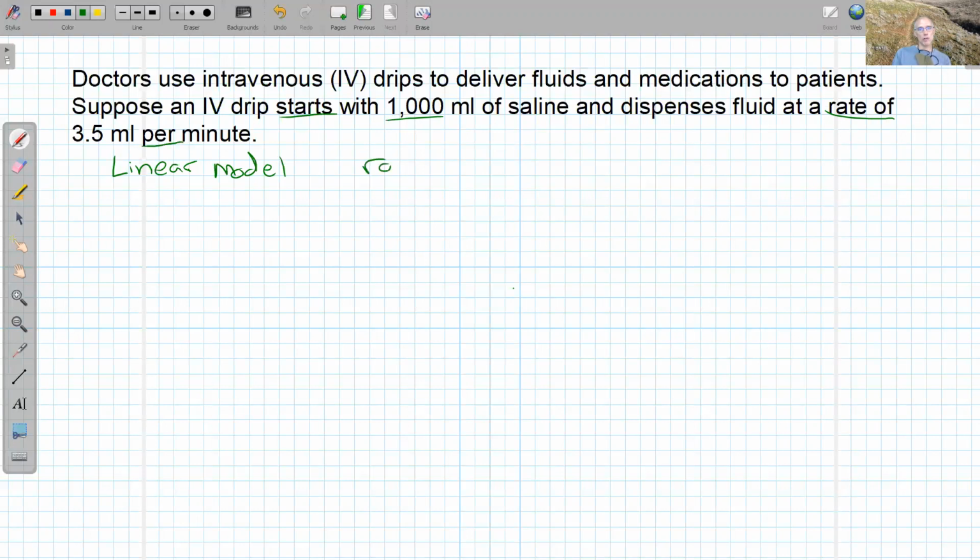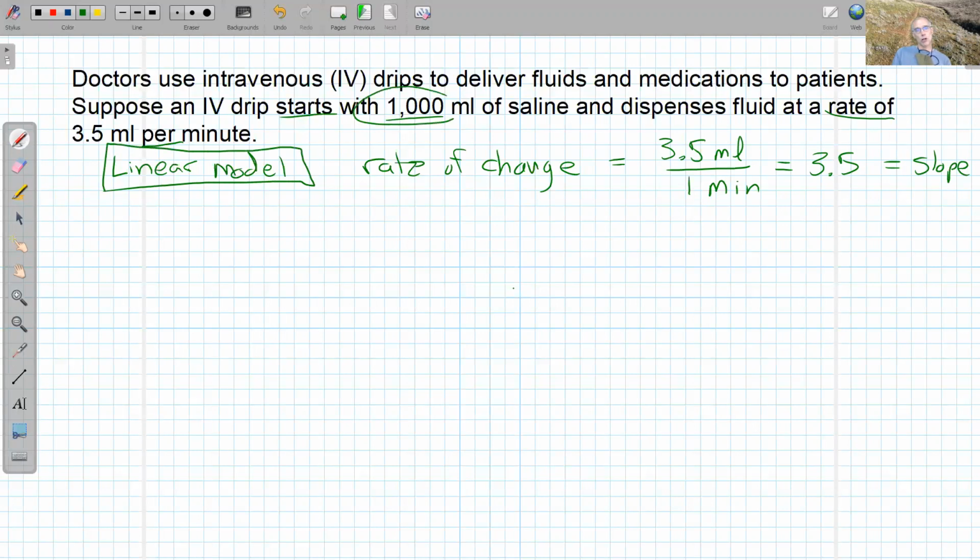So we do have a rate of change, and the rate of change seems to be 3.5 milliliters divided by 1 minute. And that's a fixed value. If we ignore the units per minute and do the division, 3.5 divided by 1 is 3.5. That is a fixed number. That is our slope. So yes, this is a linear model.